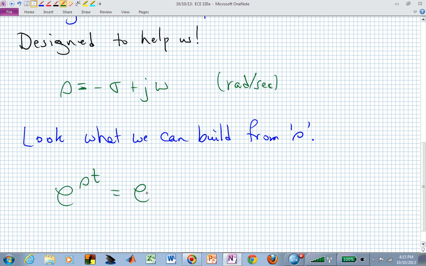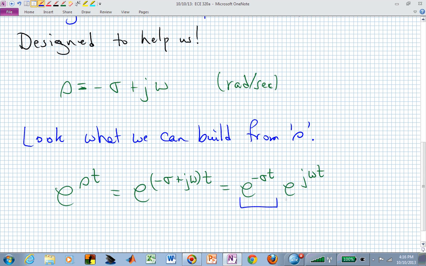If we substitute in our parameterized form for s, we now have e to the quantity minus sigma plus j omega times time. Knowing what we do know about exponents, we can distribute the time variable t through both terms and pull that exponential apart into two pieces. We have an e to the minus sigma t piece, and we have an e to the j omega t piece.